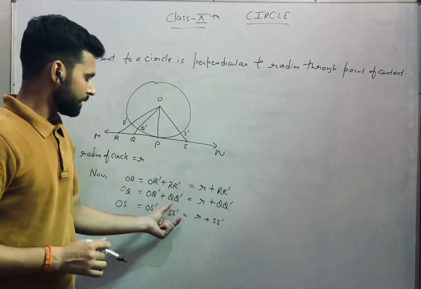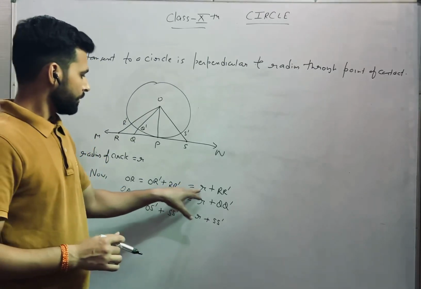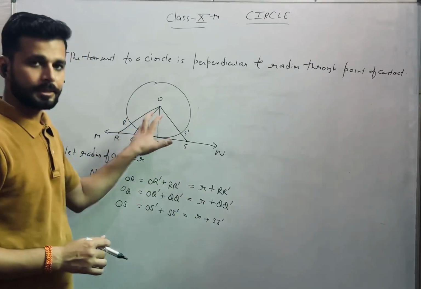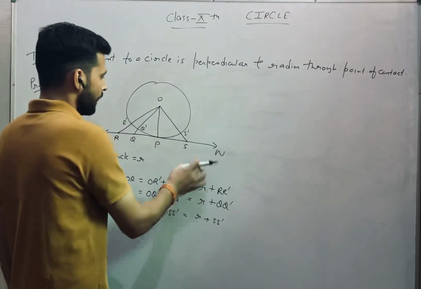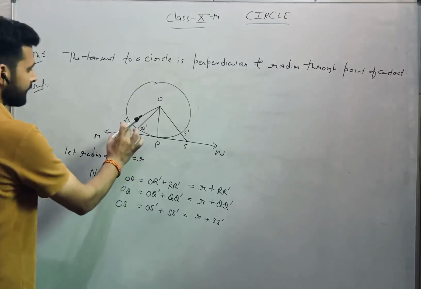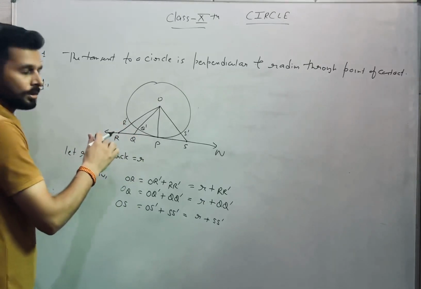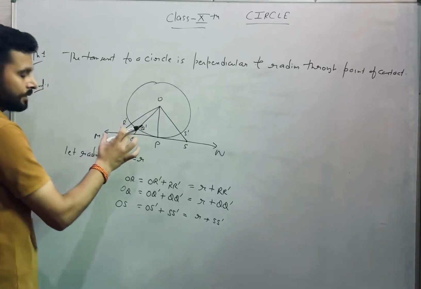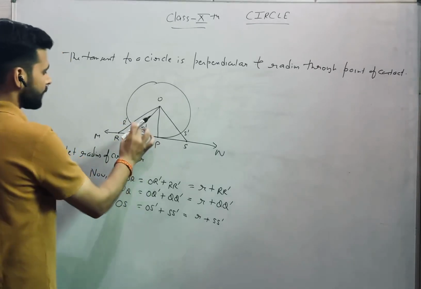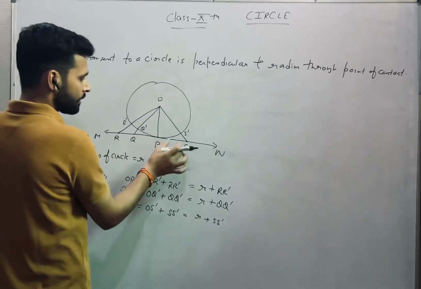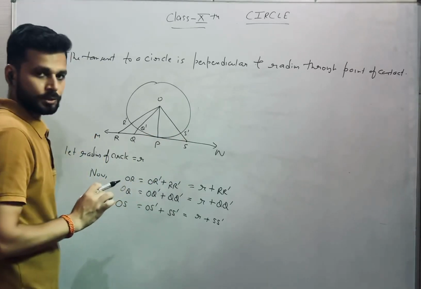In these three equations, we have used R. R means the radius of the circle. And RR dash, what is RR dash? RR dash is some distance, maybe very very small, but RR dash is a distance. Similarly, QQ dash is also a distance. SS dash is also a distance.